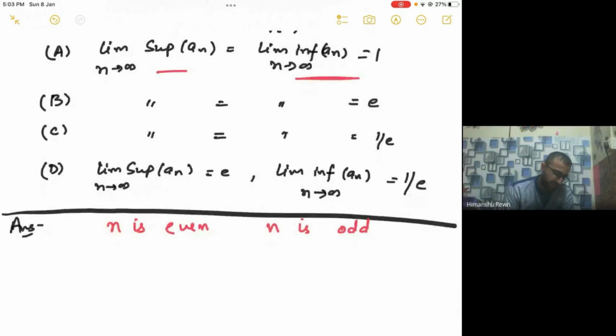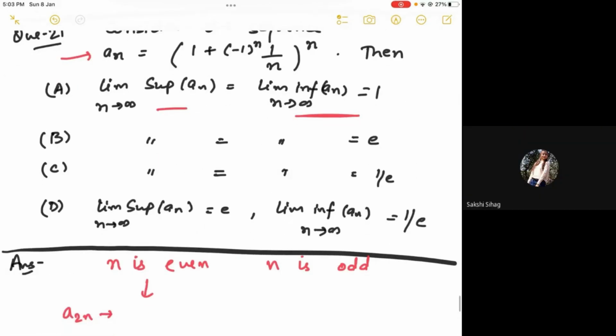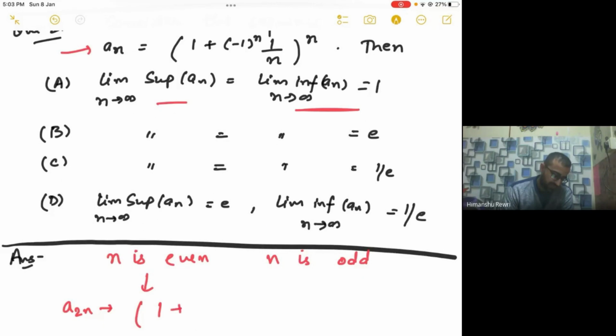When n is even, the sequence a of 2n is 1 plus 1 by 2n raised to the power 2n. And when n is odd, a of 2n minus 1 is 1 minus 1 by n to the power n.